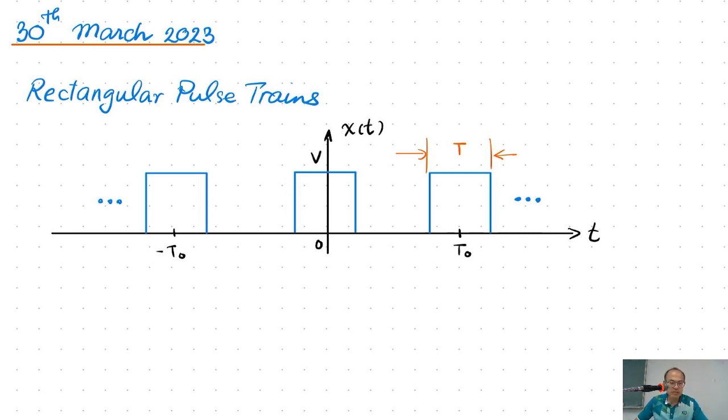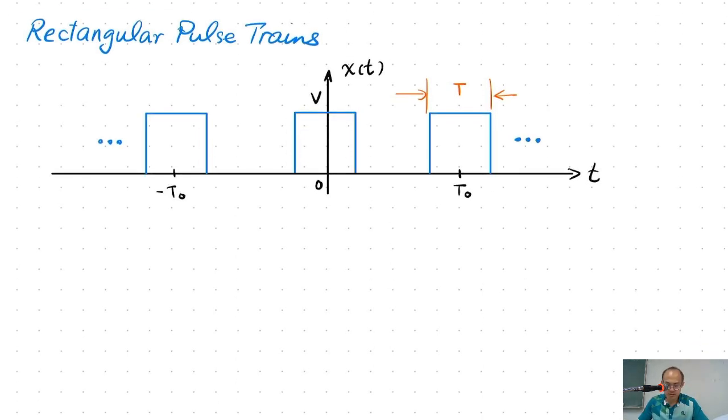Now we found that for this rectangular pulse train, the Fourier series coefficient starting from C0 is VT over T0. In other words, C0 is the average value.